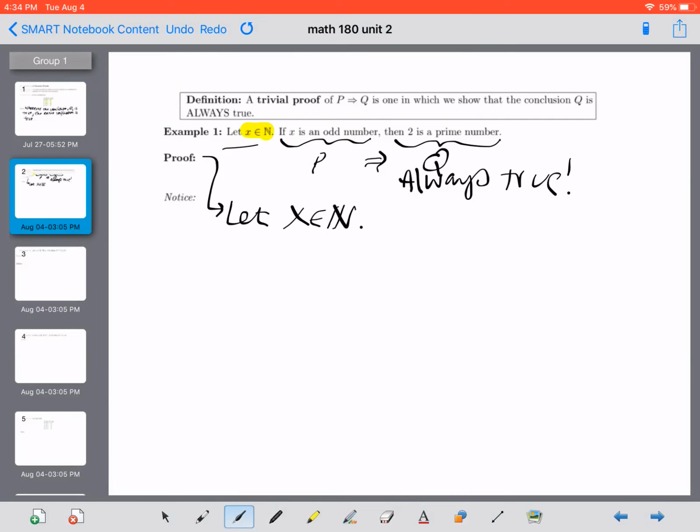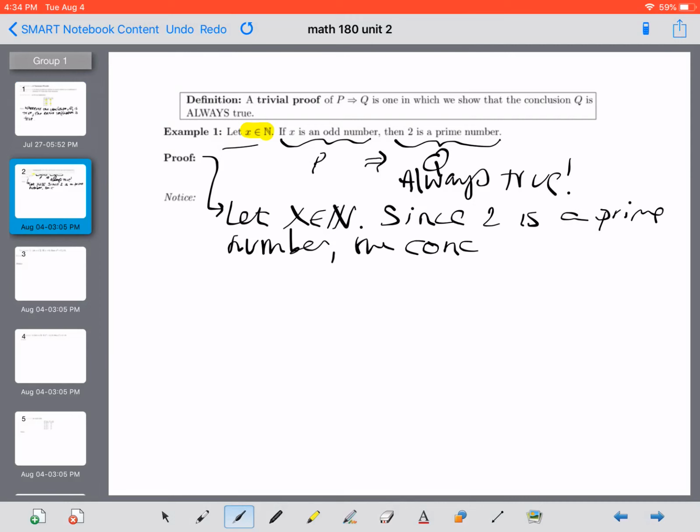Okay, now we can point out that regardless of whether x is odd or even, we don't even really need to bring that into this. All we need to do is explain that the conclusion is always true. Since 2 is a prime number, the conclusion of this statement is always true.